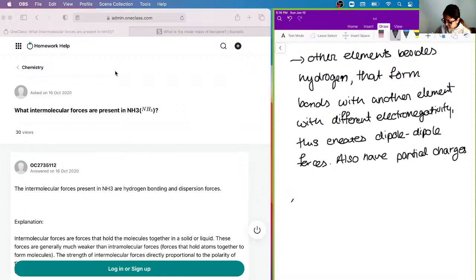And lastly, the weakest one is London dispersion forces.